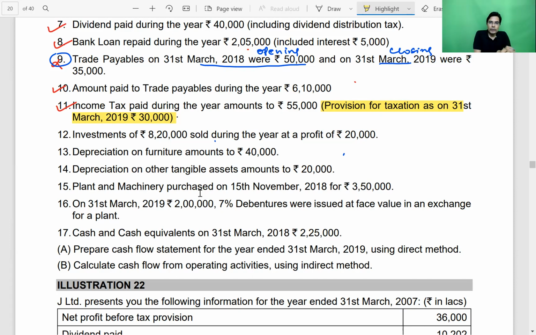So to find out the profit before tax, whatever PFT we have debited to P&L, we used to add back. In this question, we started with GP and then we deducted all the expenses other than tax. So directly we arrived at profit before tax. From profit before tax, when you minus this 30,000, then you will get PAT.